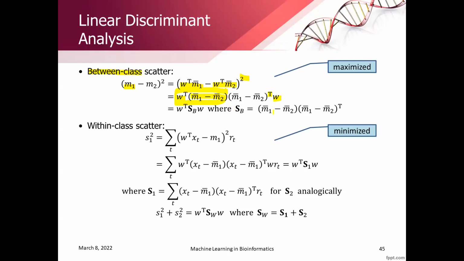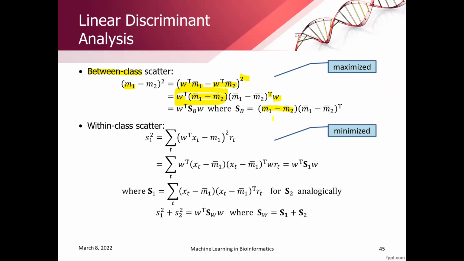M1 bar is a vector in general. For our simple example, this was just one value because we mapped from 2 dimensions into 1. But in general, it can be a transformation into a different number of dimensions. So the original data can have many dimensions.